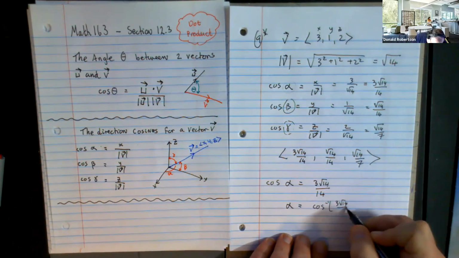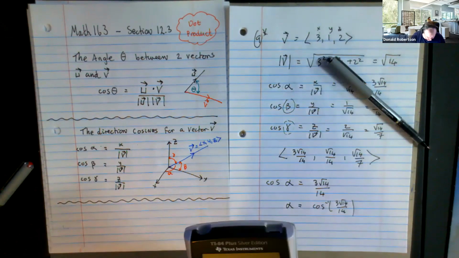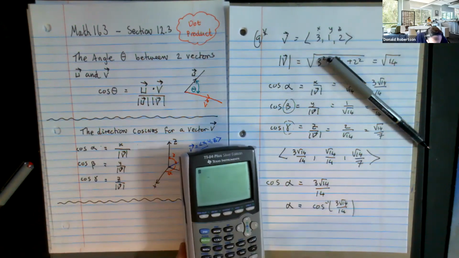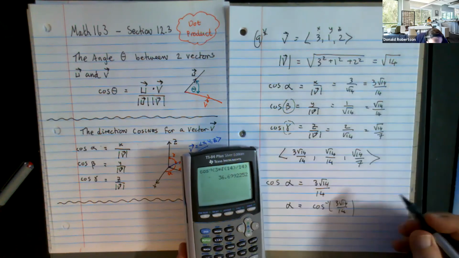And I believe they're sticking to the nearest whole number rule. Yep. Okay, so here goes. Inverse cosine of 3 times the square root of 14 divided by 14. And I get about 37 degrees if you round it up.